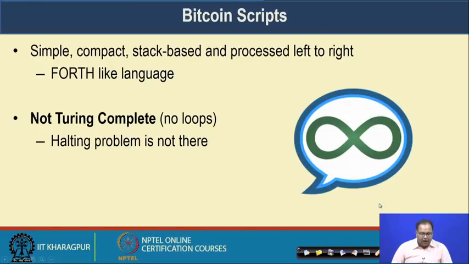This Bitcoin script, in general, is a simple programming language which is compact, a stack based language which is processed from left to right. From the left, operator or operand, you can start processing it and then proceed further to the right, and it is a kind of Forth-like language. It was inspired by Forth, and the basic Bitcoin script was designed based on that.